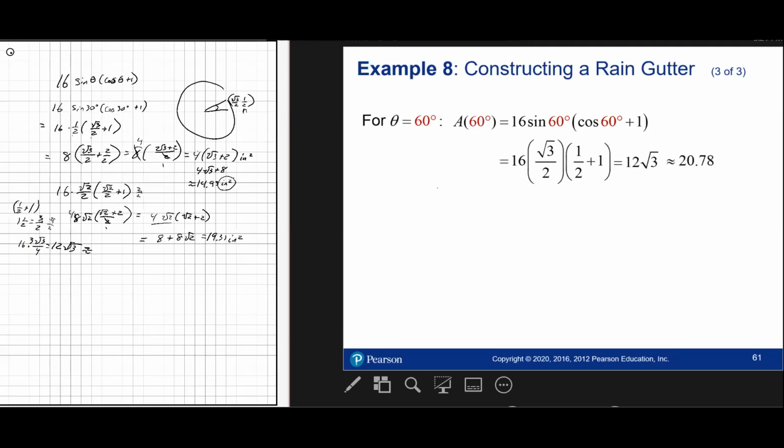So this is approximately 20.78 inches squared. Interesting. So the larger the angle, the larger the area.